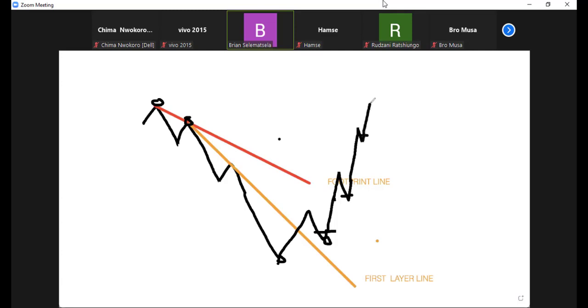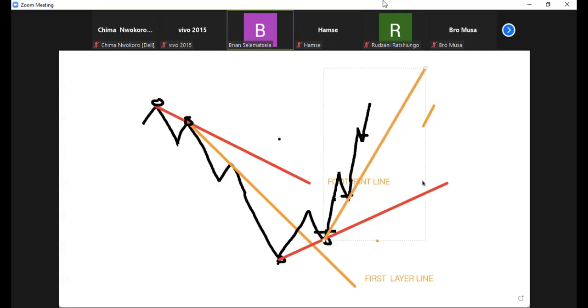It's the same thing as it continues to go. After that, you implement the same thing, the same footprint, the same first layer.